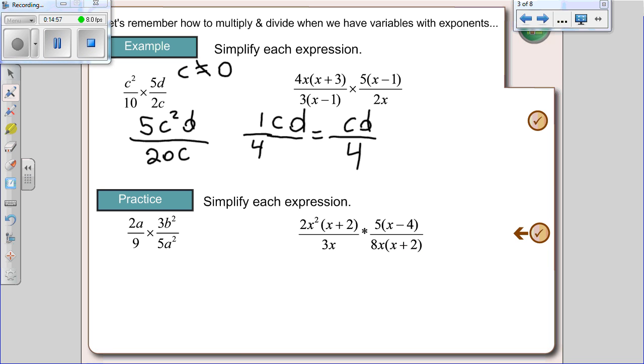Just always do it, because this isn't true alone. This is not equal to this unless you put that restriction in there. Because if you were given just that, do you need any restrictions? No. So right next to it, I would go C cannot equal 0, and that's my answer.